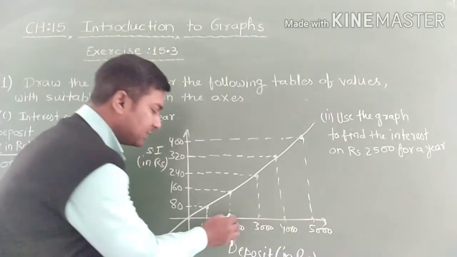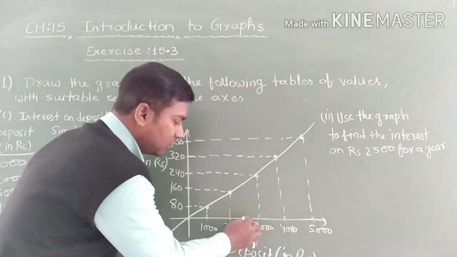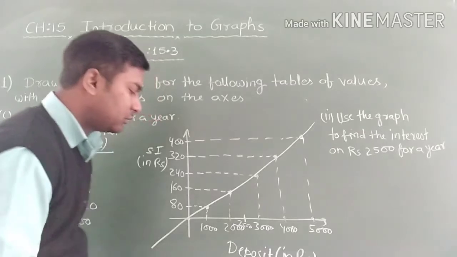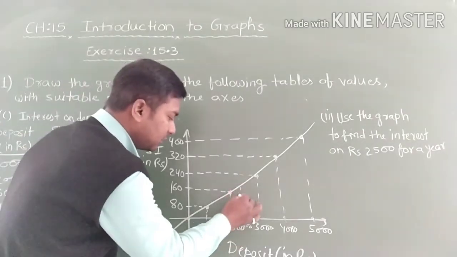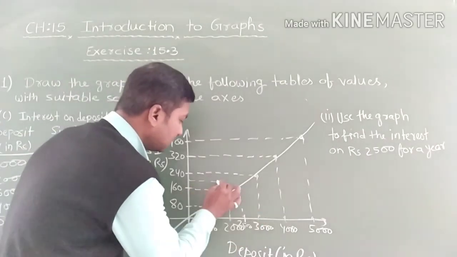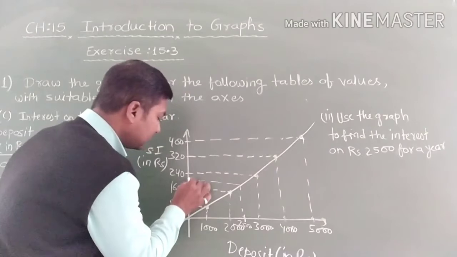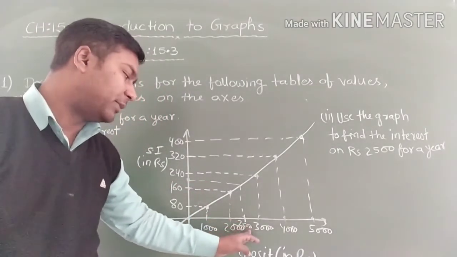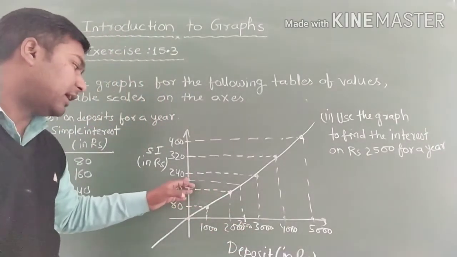You can see here this 2,000 to 3,000, and in between them is 2,500. So just draw a dotted line. If 2,500 rupees is deposited, the SI will be at this point.